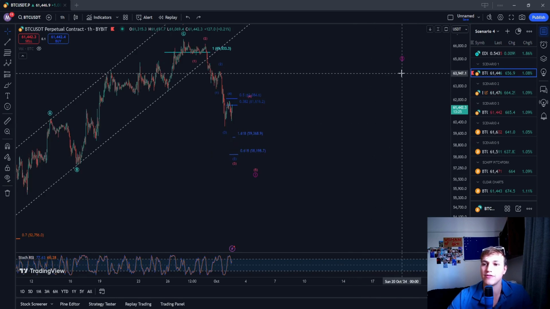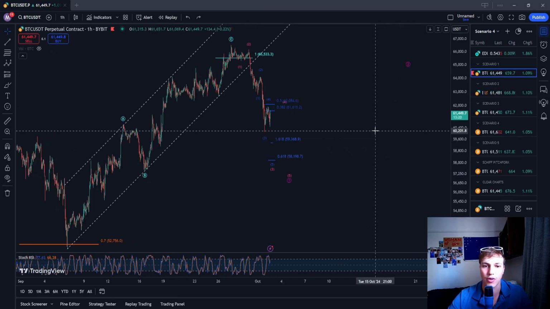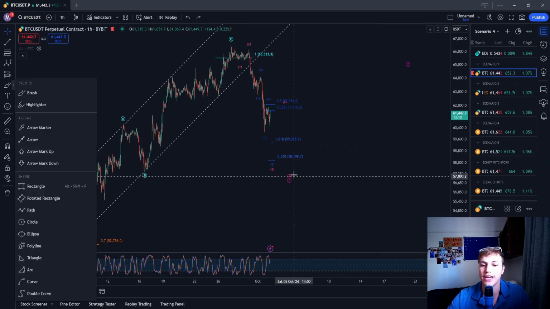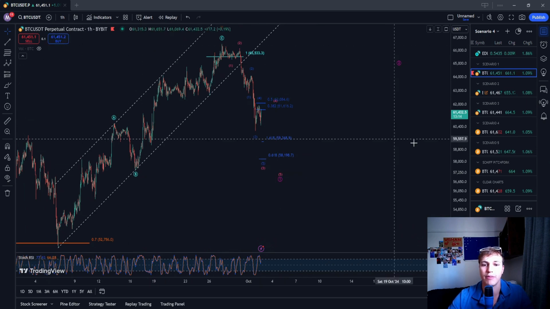So I do expect wave 2 to get to around that $63,000 before rejecting off around there. So that would be my trade for the 15-minute time frame and the 1-hourly time frame on the chart.